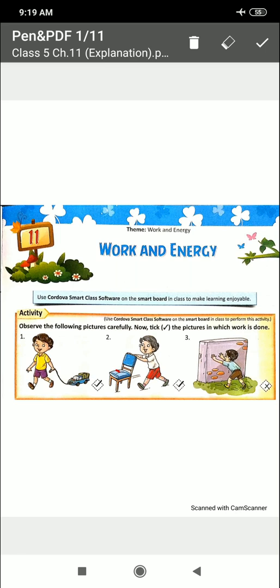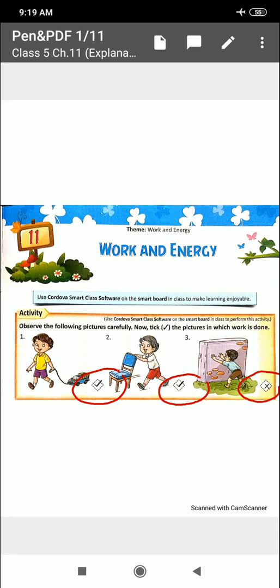So that means work is done. In the second picture, the boy is pushing the chair. That means work is done. But in the third situation, the boy is trying to push a wall. That means the boy is applying force on a wall. So do you think the work is done in this situation?